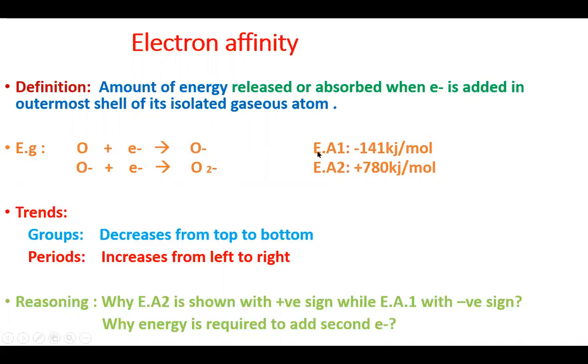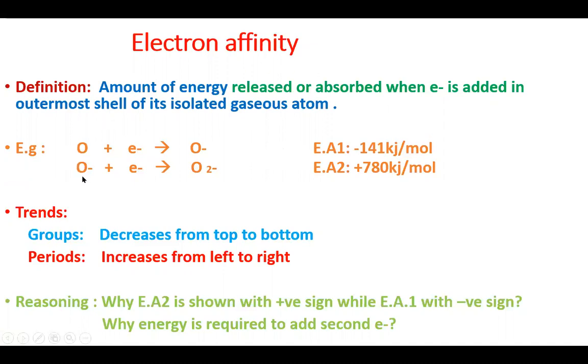EA stands for electron affinity 1 because only 1 electron is being added in this step. Some amount of energy is being released. That's why the electron affinity value is shown with a negative sign, representing an exothermic reaction.